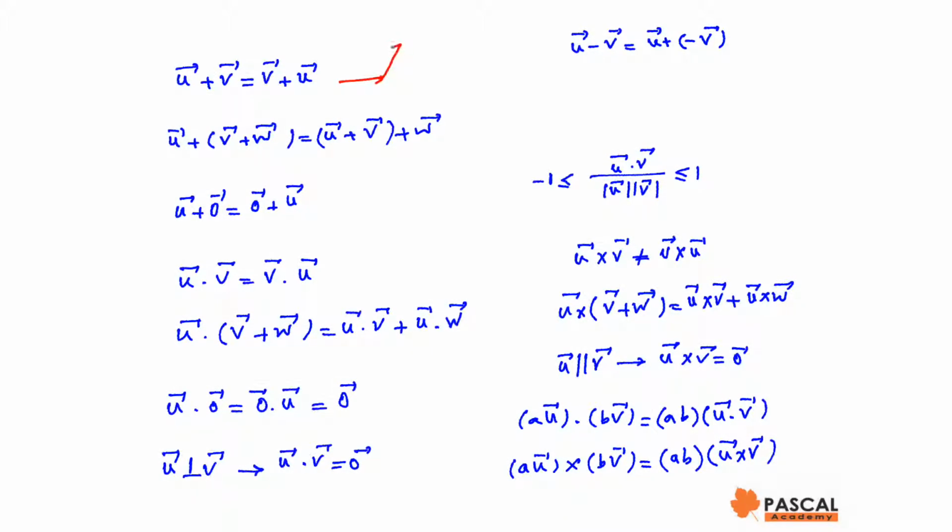If u and v are two vectors, and we draw u plus v and v plus u in each diagram, we see they are parallel, same direction, and same size. Therefore, they are equal.